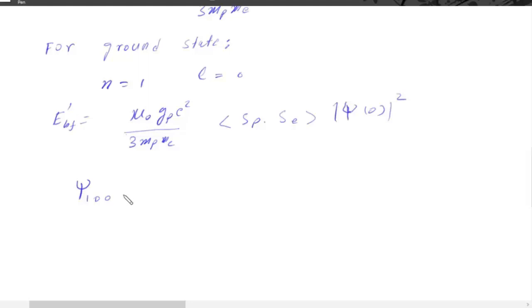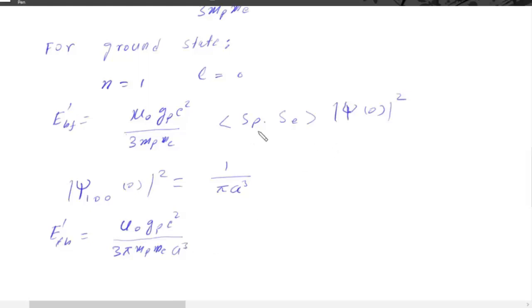Okay, its mod square is equal to 1 over πa³. This is the value of it. Okay, now we put here, then the E₁ this is equal to μ₀ g_p e² divided by 3π m_p m_e a³.